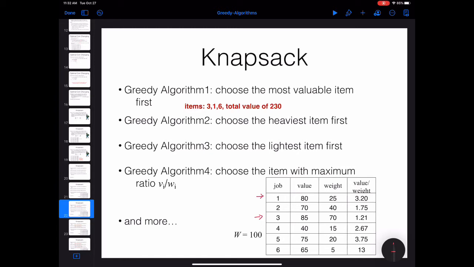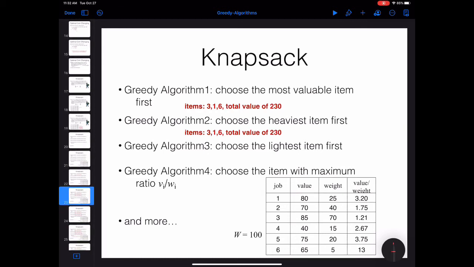It is going to be the next heaviest item, and then you will take 6. This is going to be exactly the same. Actually, just in this example they happen to give me the same answer, but it's not always the case. But anyway, the next strategy is to always use the lightest one.